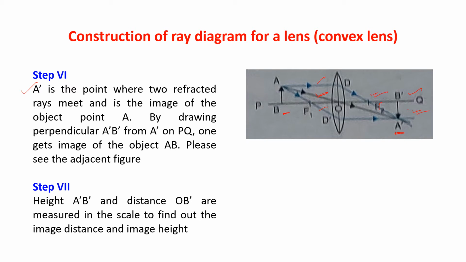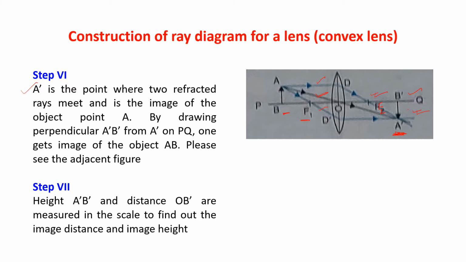The third ray is AD dash, which is incident through the first focus and after refraction passes parallel to the principal axis, that is the ray D dash A dash. Now all the three rays are meeting at a point A dash, and we are getting the image A dash B dash. So with three rays also an image can be drawn.